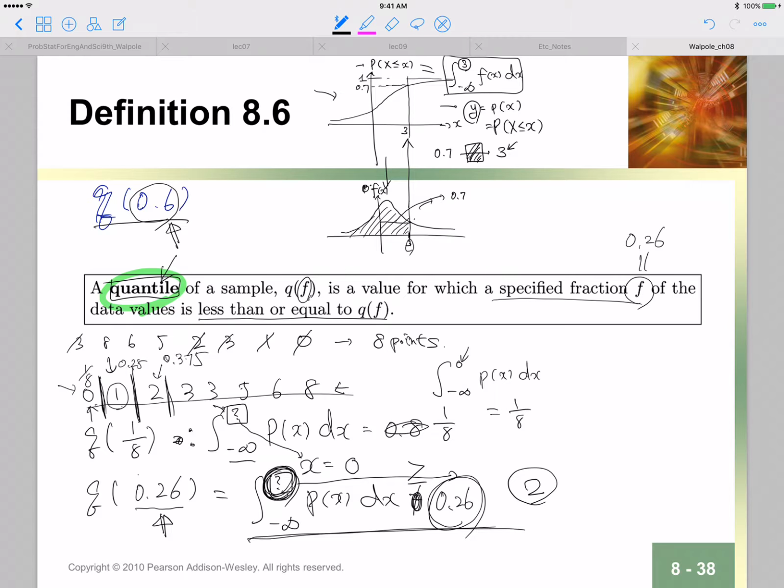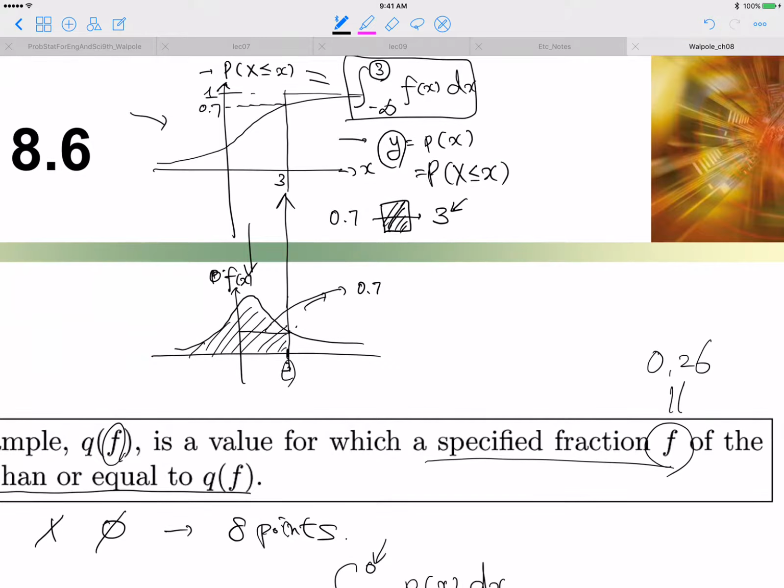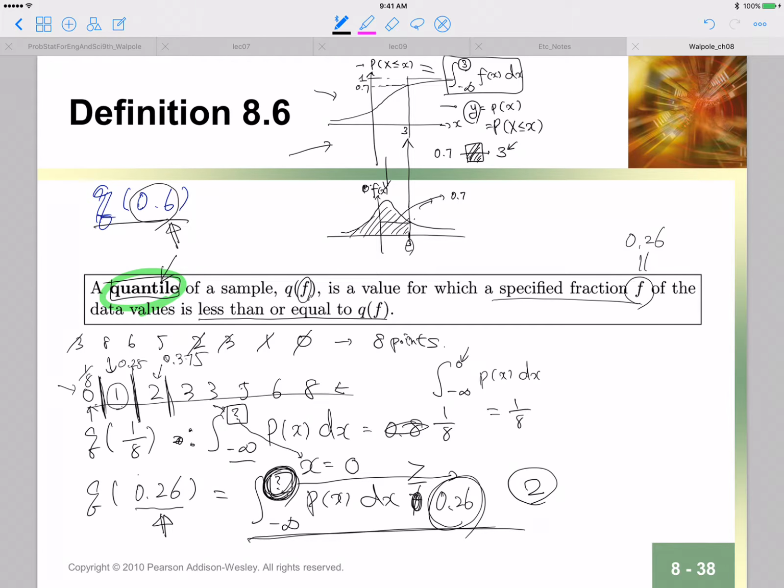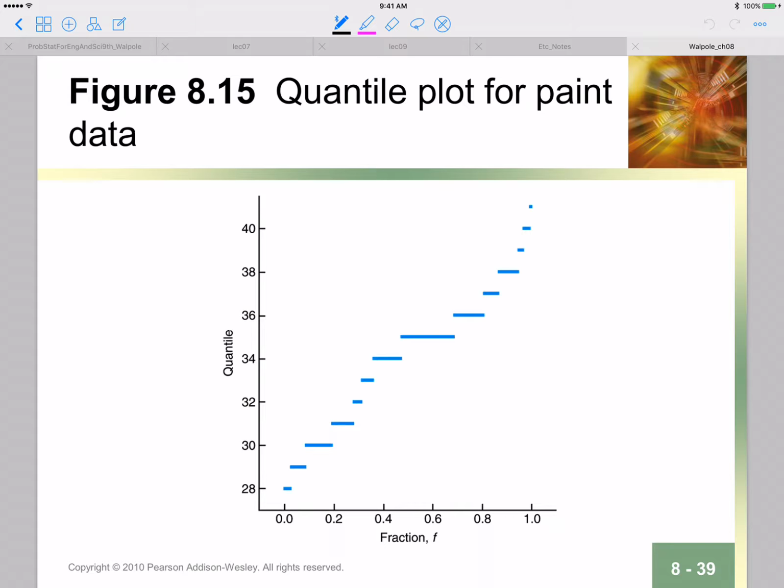So this is the definition of quantile. Basically, quantile can be understood as an inverse function of the cumulative density function. This is a quantile plot.